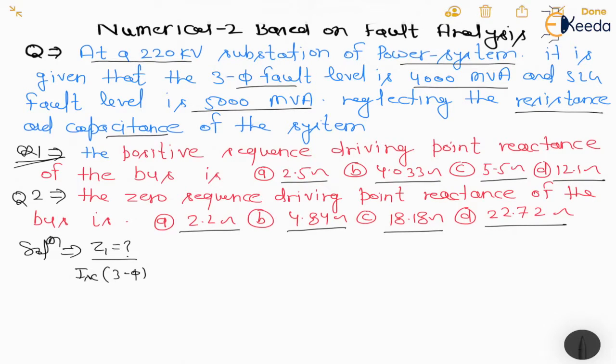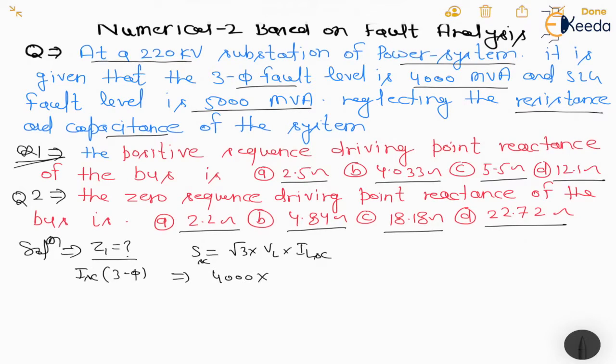We know the formula: S is equal to root 3 times VL into IL. The short circuit MVA has been given as 4000 MVA. The LL is written for line purpose.